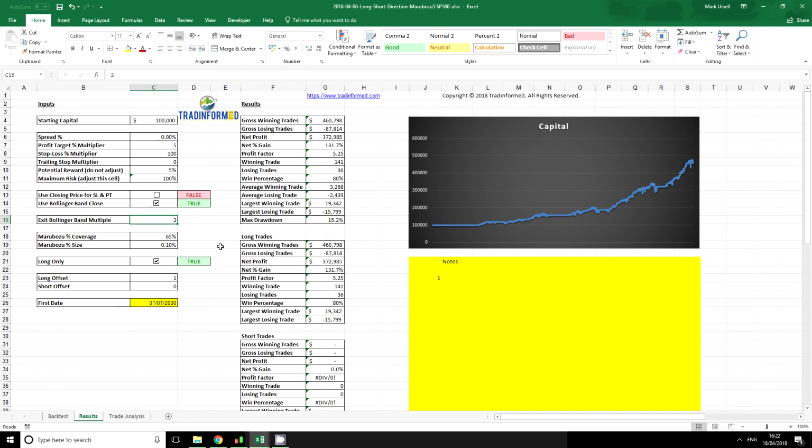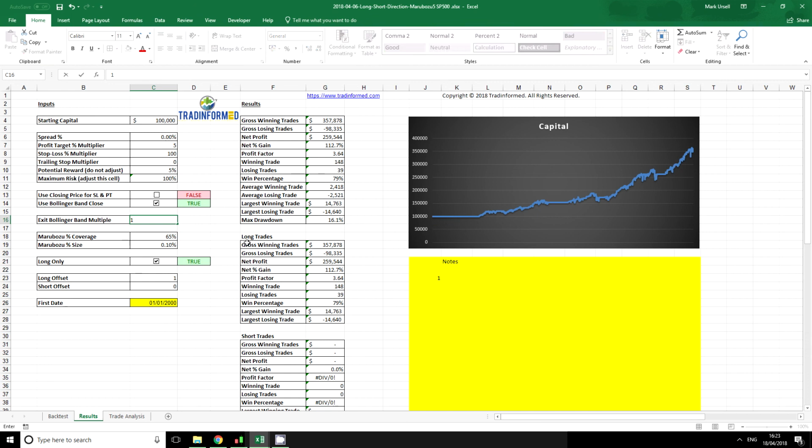So we're actually setting the strategy to exit the position when the closing price is greater than the Bollinger Bands. And you can see that we can set the multiple of the bands, and it will affect the profitability of the strategy.